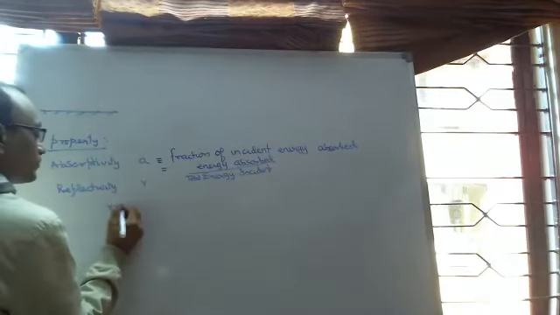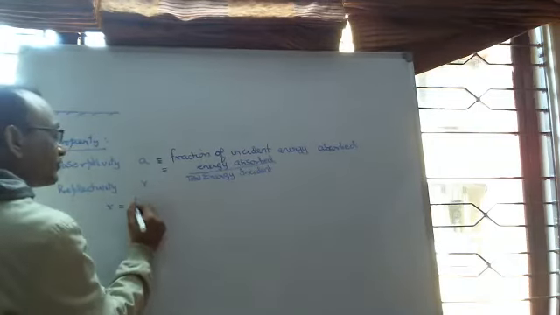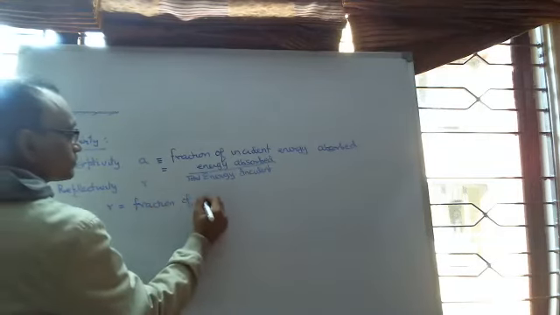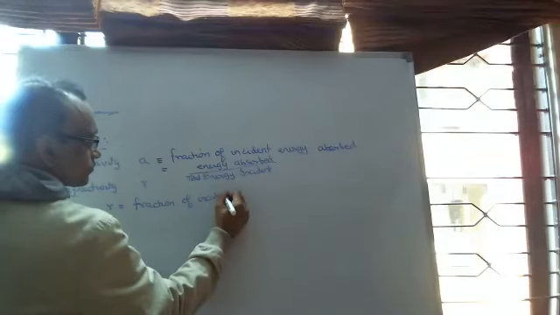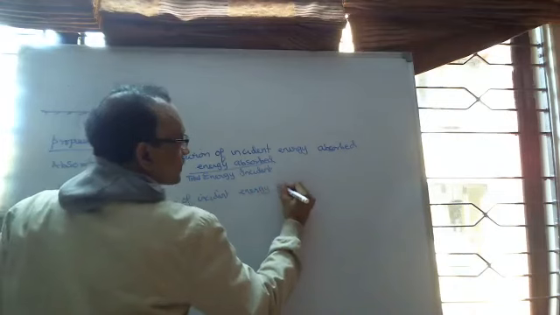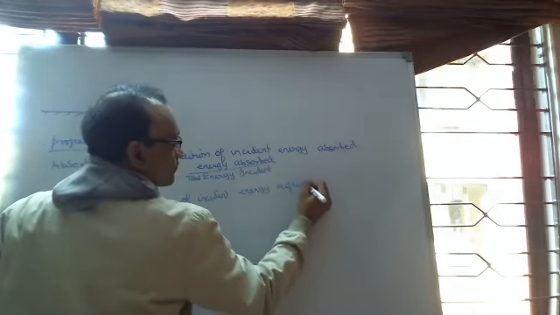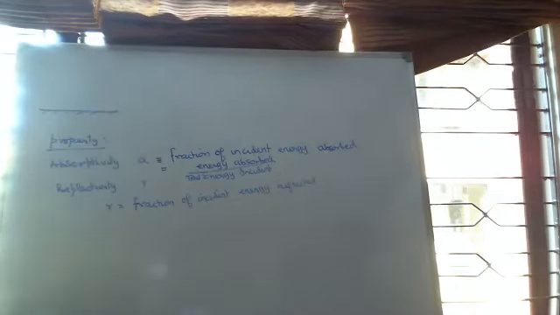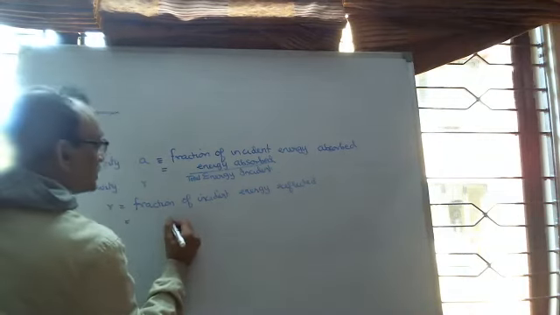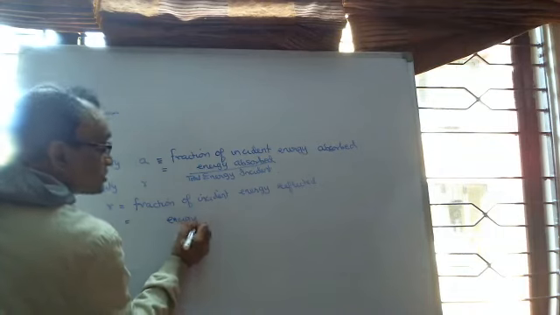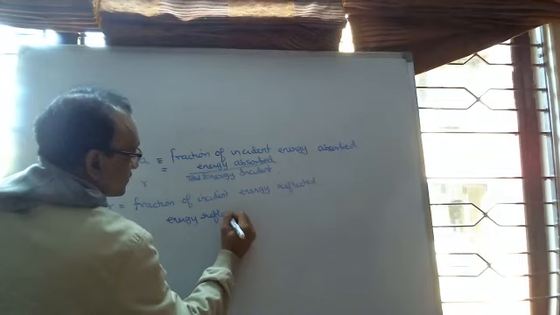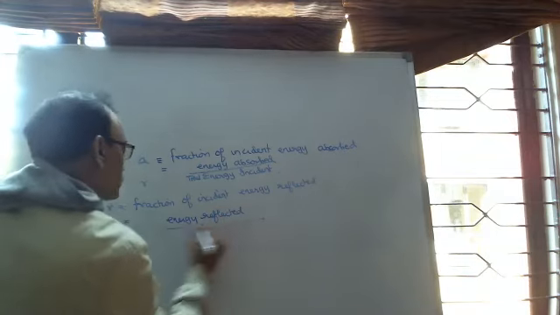Reflectivity R is about the fraction of incident energy reflected, which is like energy reflected, which is proportional to the number of photons reflected, by total incident energy.